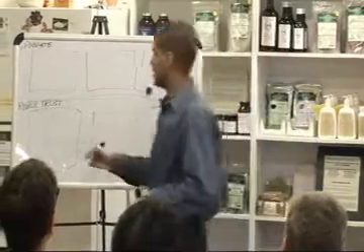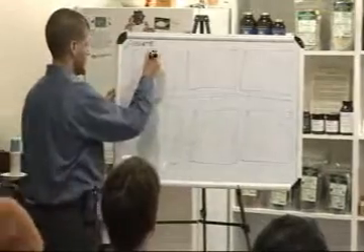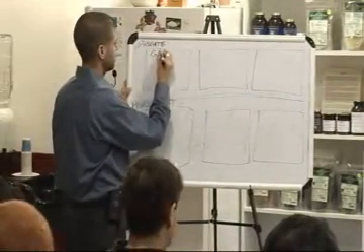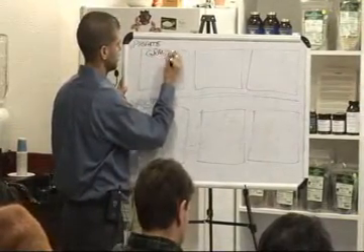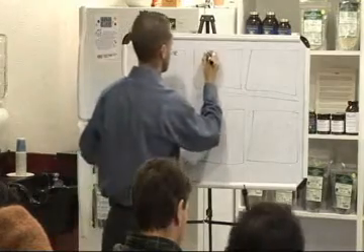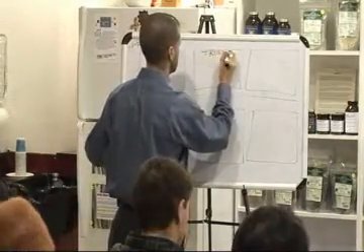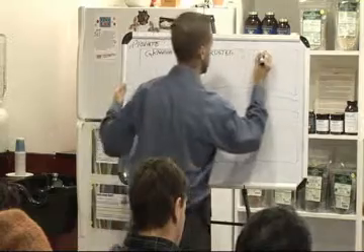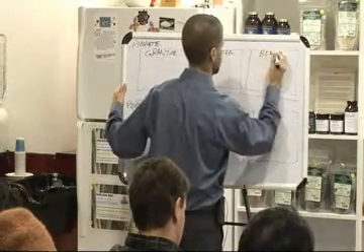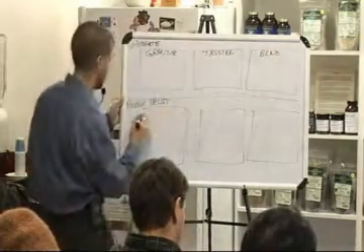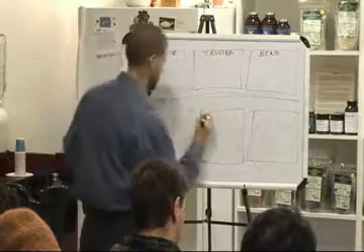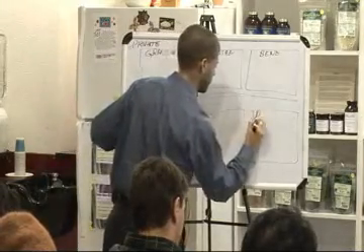Okay? So, this is the grantor. This is the trustee. This is the beneficiary. And same down here: grantor, trustee, beneficiary.